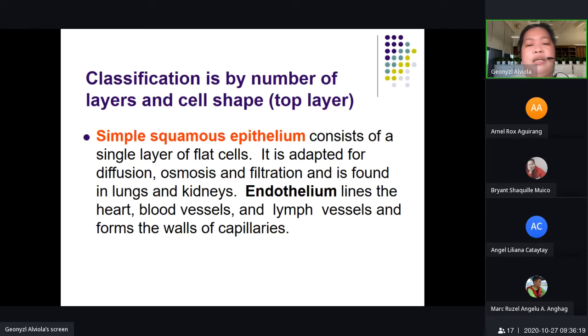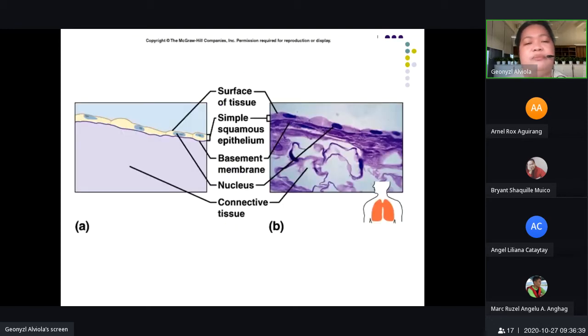Endothelium lines the heart, blood vessels, and lymph vessels and forms the walls of the capillaries. This is the organ location where the simple squamous epithelium can be seen.